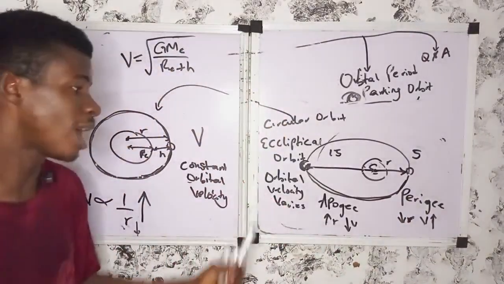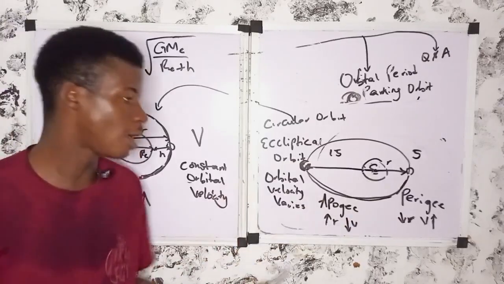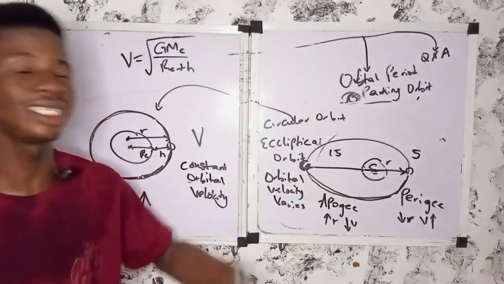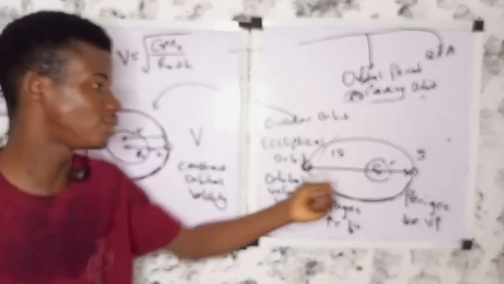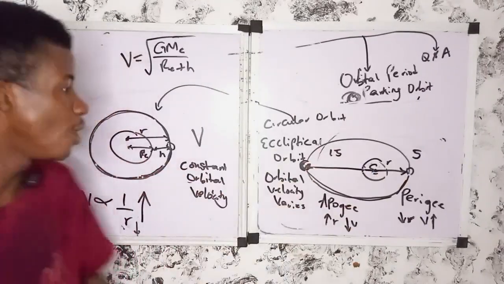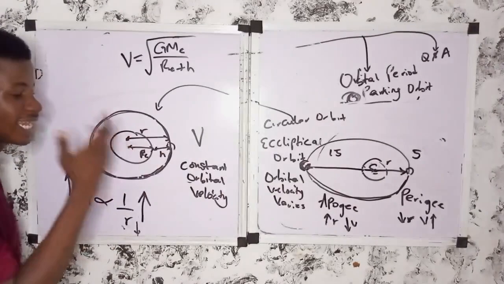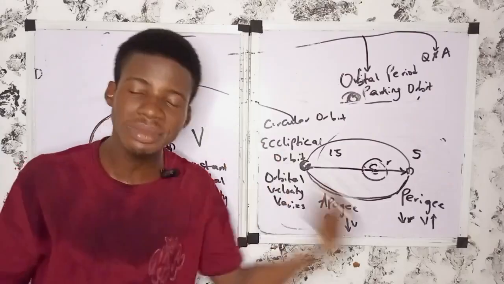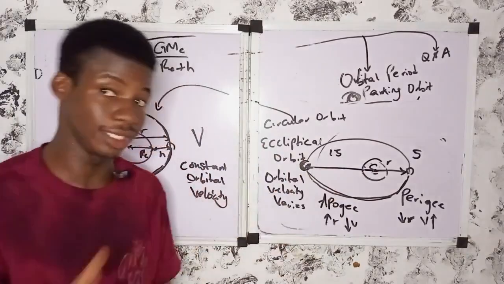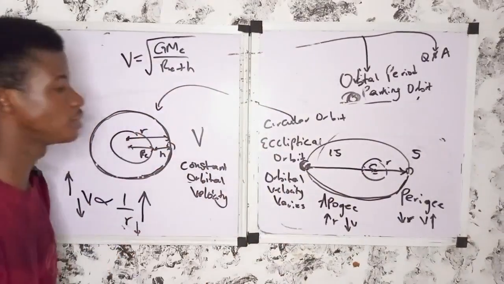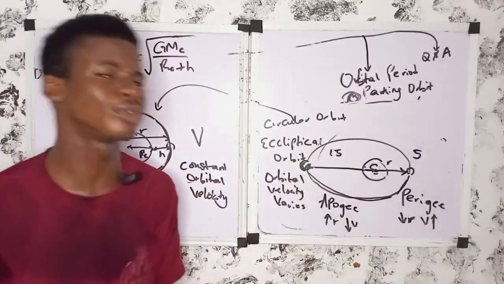So this is why orbital velocity varies in an elliptical orbit: the distance between the Earth and the satellite varies. The distance is not constant, unlike in a circular orbit where everywhere you go, the distance between the satellite and the Earth is the same. In an elliptical orbit, the distance varies at different points. The point farther away from the Earth is known as apogee. The part closer to the Earth is known as perigee.